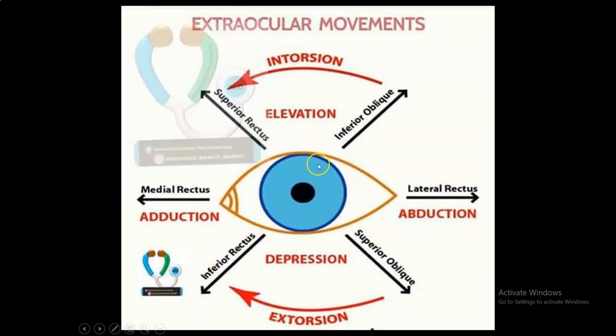So when you look upwards and laterally, it is a function of the inferior oblique. When you look downwards and laterally, it is the function of the superior oblique. When you look upwards and medially, it is the function of the superior rectus, and downwards and medially, it is a function of the inferior rectus.